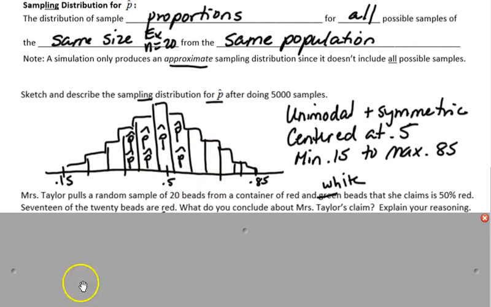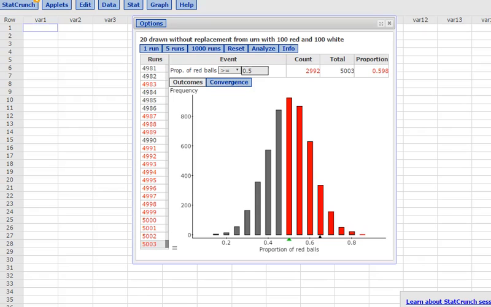Okay, well, I'm going to go back and see. If I pulled 17 out of 20, that would be 85%. So I look here. I only had 3 times out of 5,003 samples. I'm going to do another 1,000 and see if it makes any difference at all. Okay, 4 out of 6,003 that were 85%.